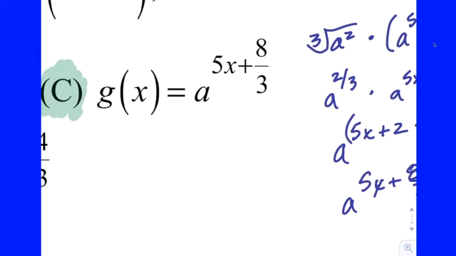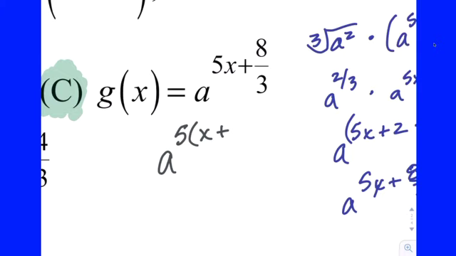We didn't even factor the 5 back out. What would it be, though, if I did factor the 5 back out? It would be a to the 5 times x plus, what would be the new number? That is a great question. Factoring out a 5 is the same as dividing out a 5.